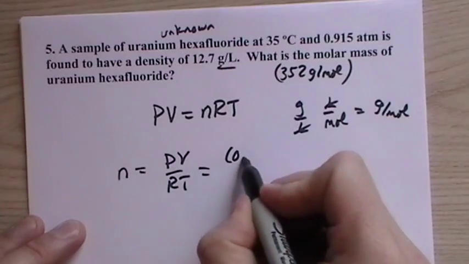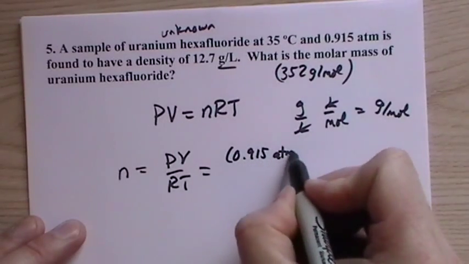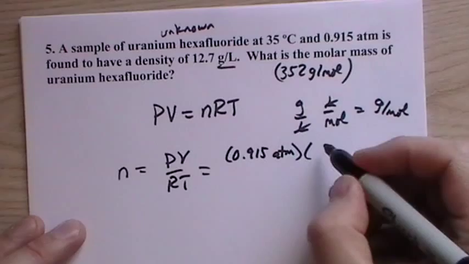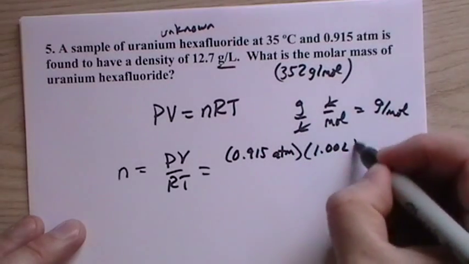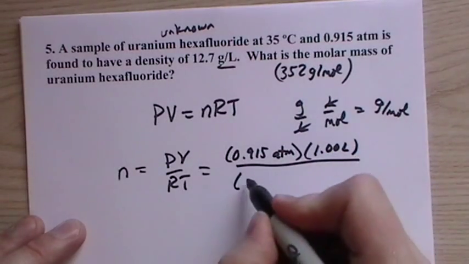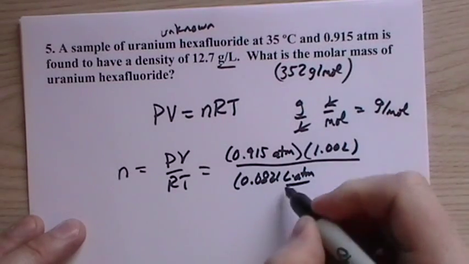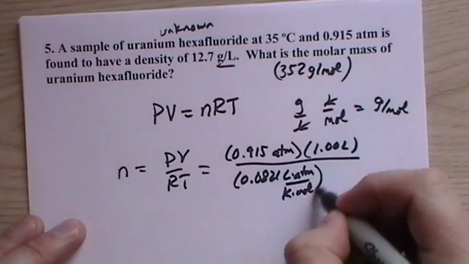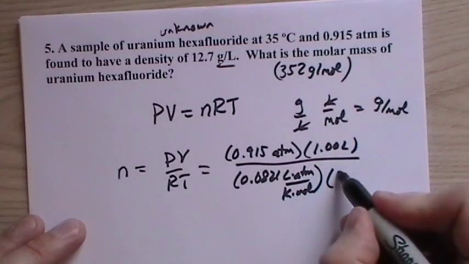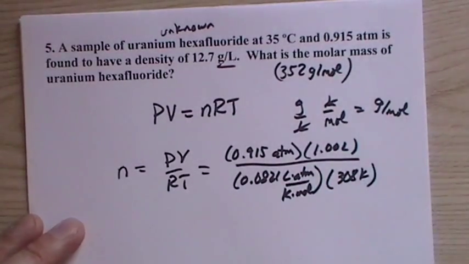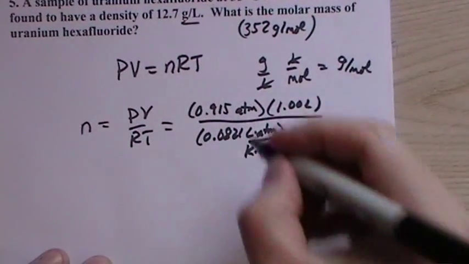The pressure is 0.915 atmospheres. The volume is, I'm going to say 1 liter, just like we did in problem 3. In the earlier problem, we get to pick that value. The temperature is 308, so it's very similar to the problem that we did earlier.